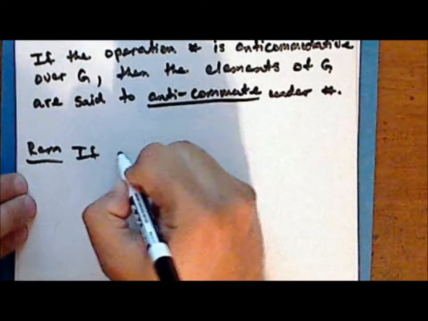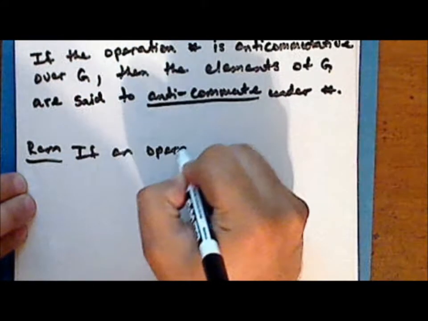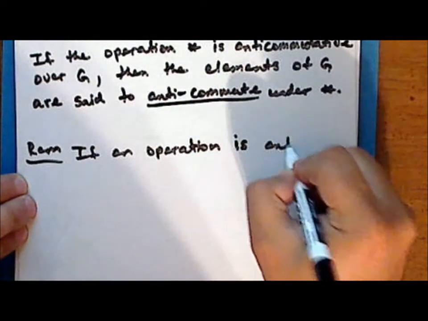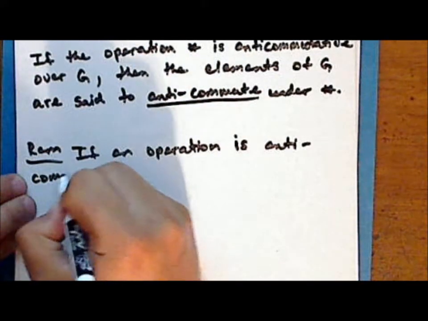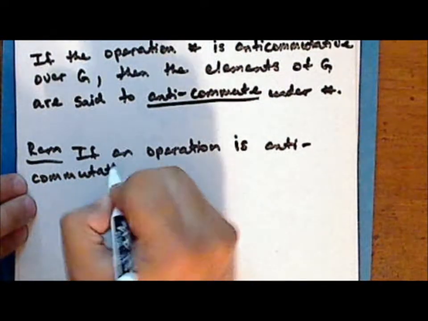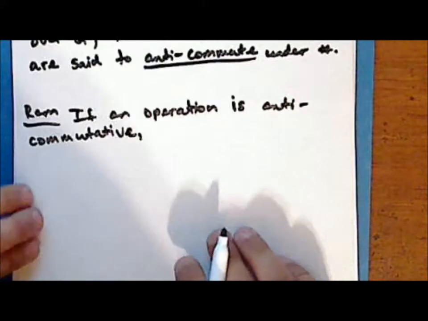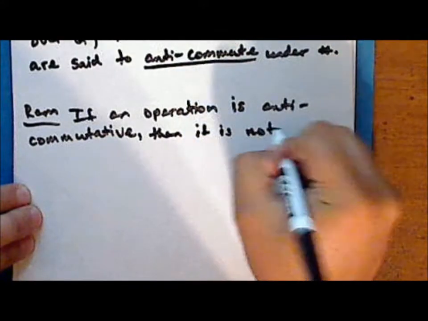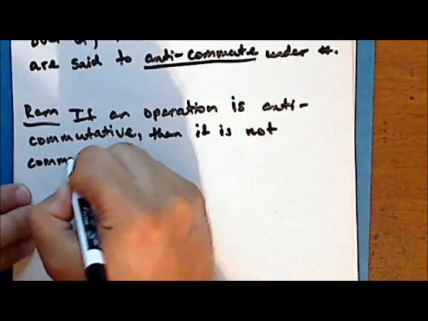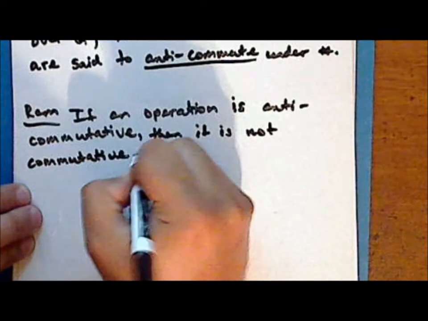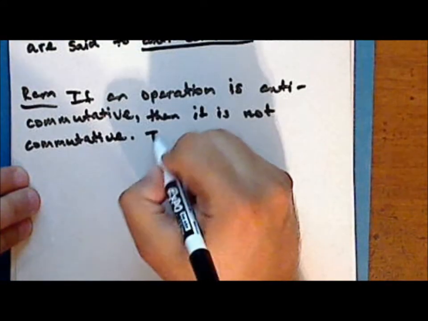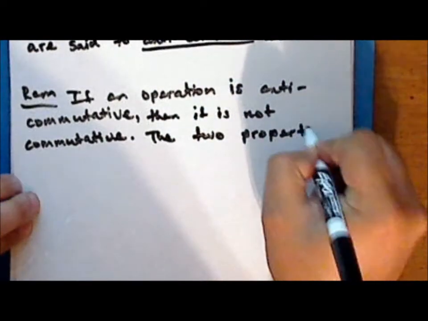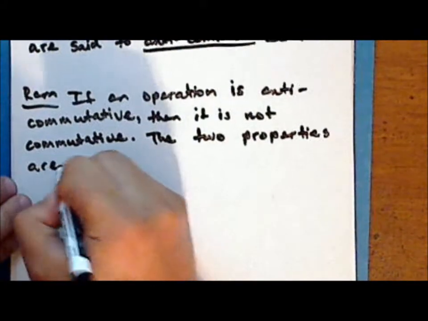So if an operation is anti-commutative, then it is not commutative. These two properties are mutually exclusive.